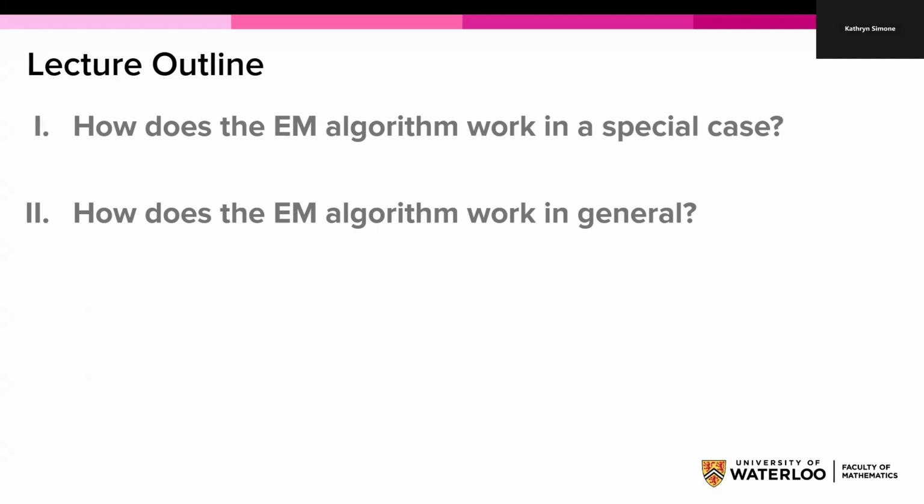While the concepts that we uncover in the first part are going to align with this general case, we're not going to connect every detail between the two. By the end of the lecture, the goal is to not only understand how EM works for Gaussian mixture models, but to be in a better position to apply it to other problems involving latent variables or hidden variables or unobserved missing data.